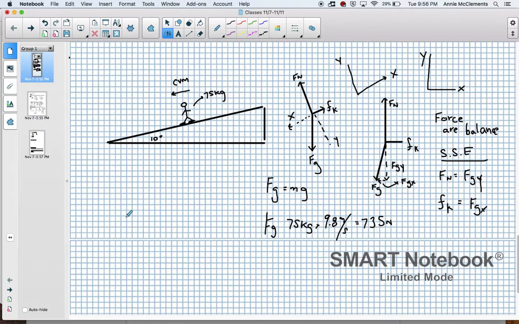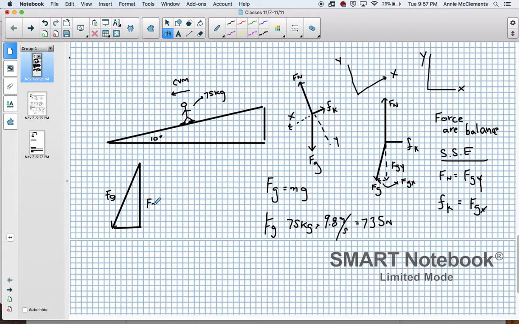And if we blow up our right angle triangle here, let's make this a little bigger. That's Fg, there's Fgy. So basically what I've done here is I've taken this little triangle and I've made it bigger just for the sake of showing what's going on. I'll go ahead and put some labels on here so that's clearer. Fg goes in that direction.